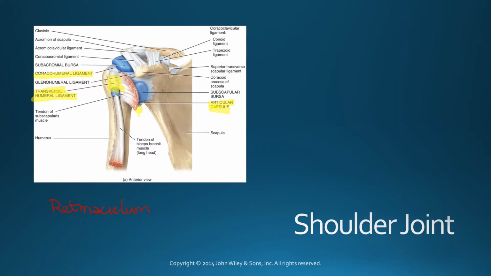And this acts to hold the long head of the biceps brachii muscle. So you see that sheet just holds the head of the muscle there.